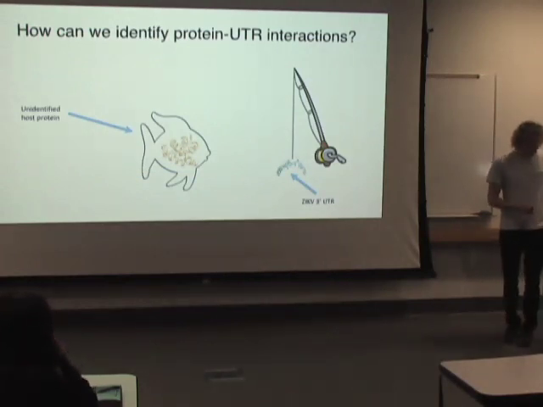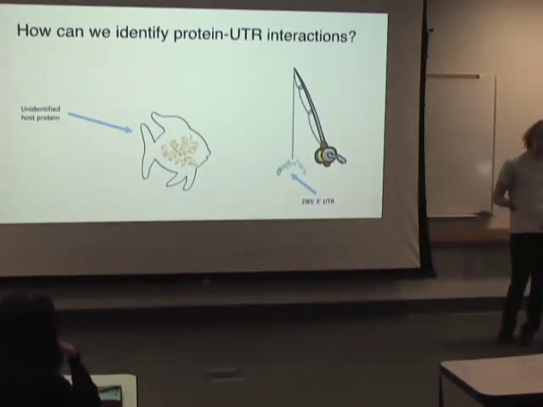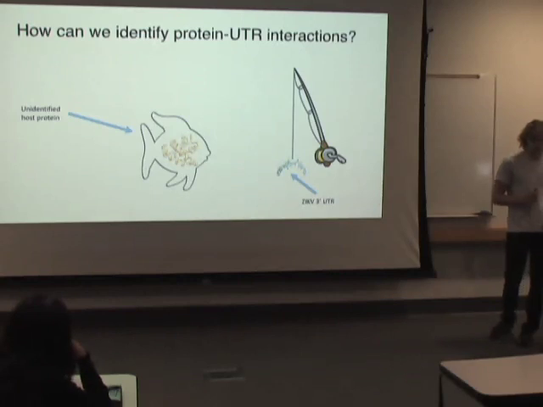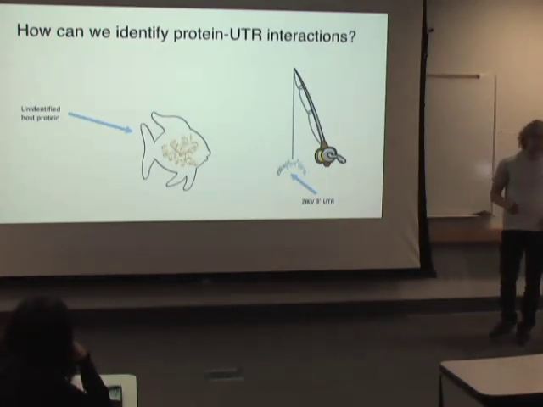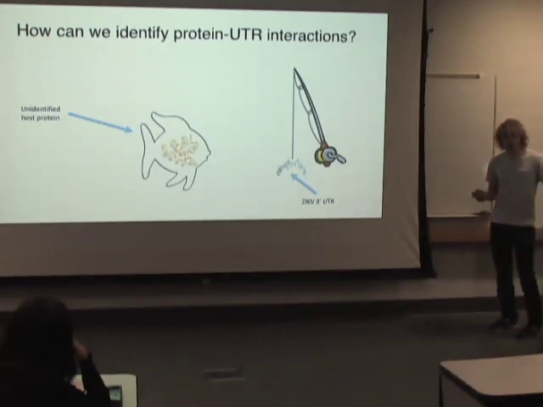And then the next part is identifying the actual interactions between the host proteins and this 3' UTR. Essentially it's like molecular fishing. We have our now expressed Zika 3' UTR, and we want to identify what proteins will interact with it.